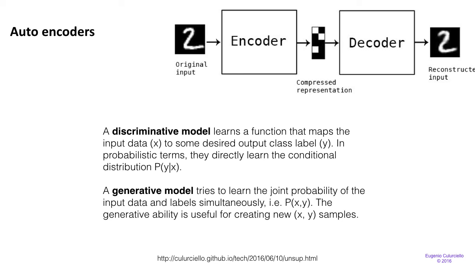So you try to find the distribution, the probability of seeing Y given X. A generative model, which is the combination of a standard CNN like an encoder plus a decoder, is instead trying to learn the joint probability of the input data and the label simultaneously, the probability of X and Y together. So it's also very useful to generate new samples, which is very nice and attractive for us humans to see.